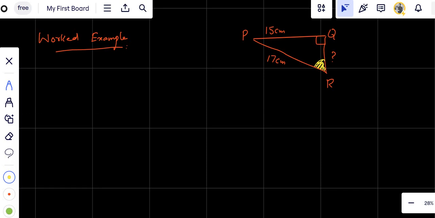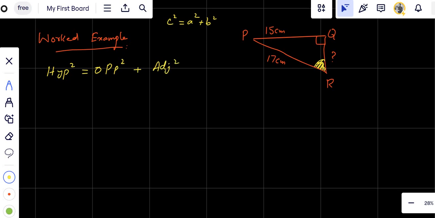Yeah, it's opposite. So instead of writing the Pythagoras theorem as c square equals a square plus b square, I think I should write it as hypotenuse square equals opposite square plus adjacent square. This would be more suitable.